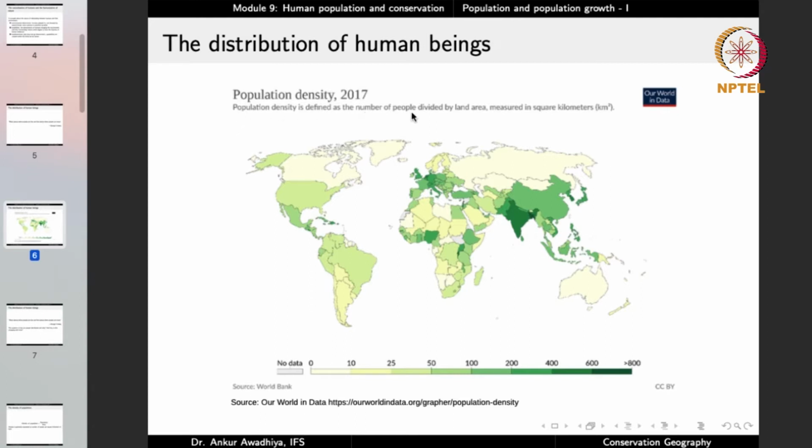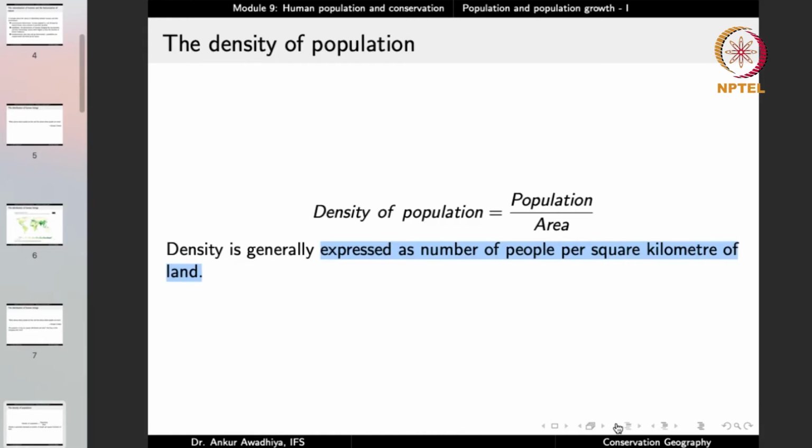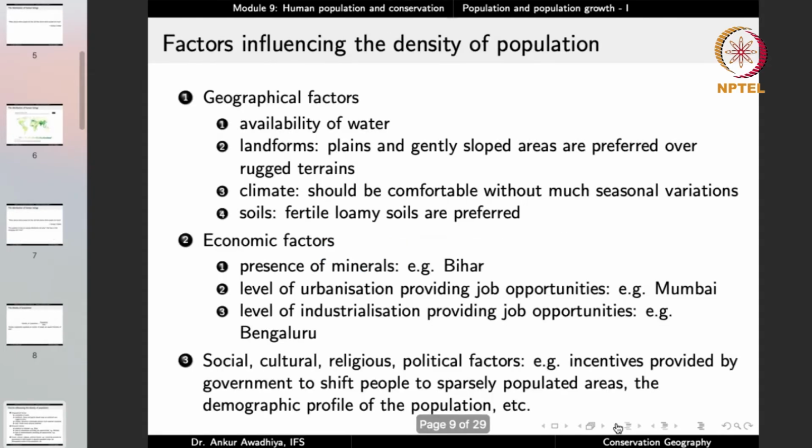Population density is defined as the number of people divided by land area measured in square kilometers. This scale is representing areas where we have 0 to 10 people per square kilometer up to greater than 800 people per square kilometer. So, this is population density, number of people per unit area, generally number per square kilometer.